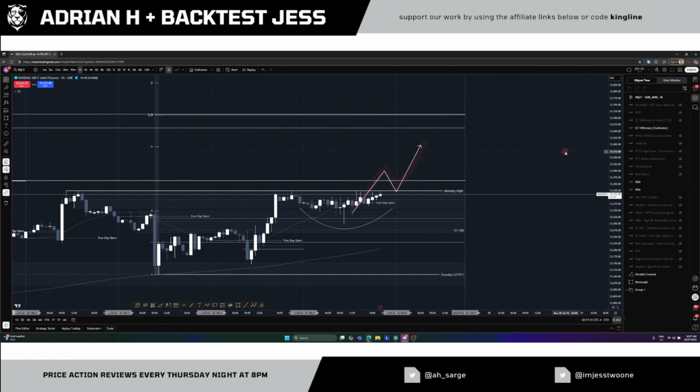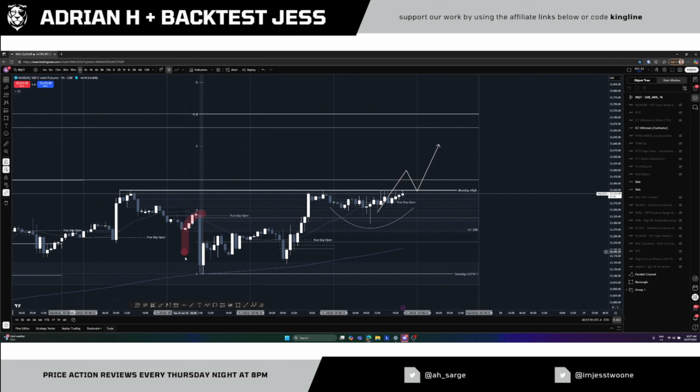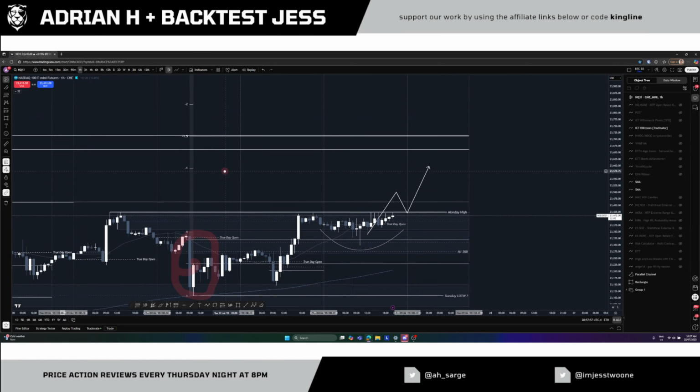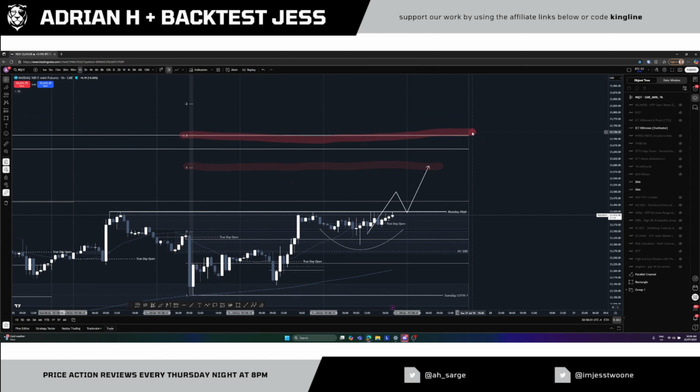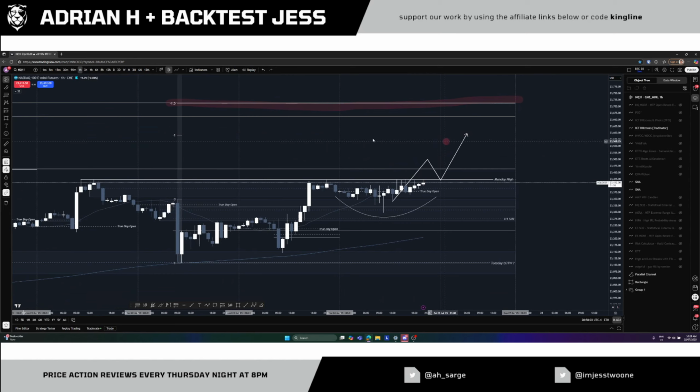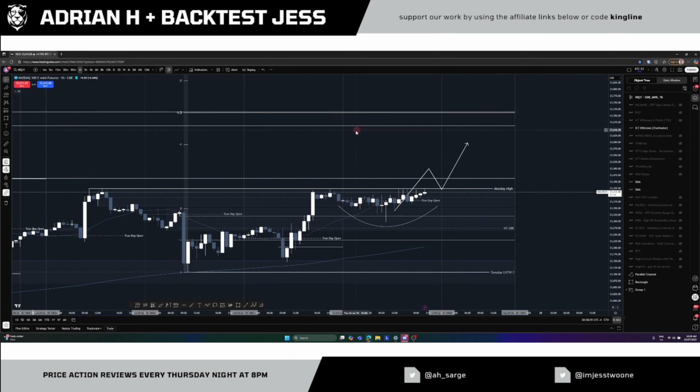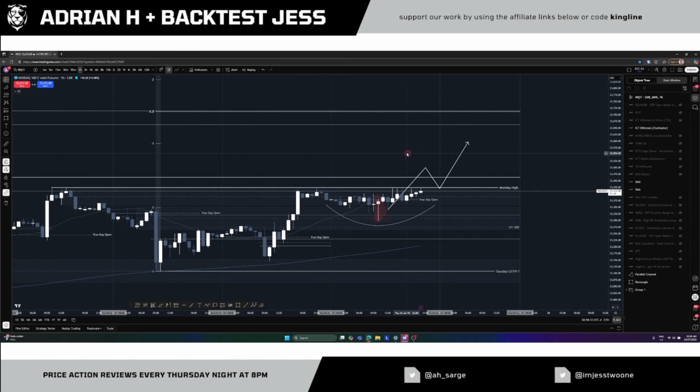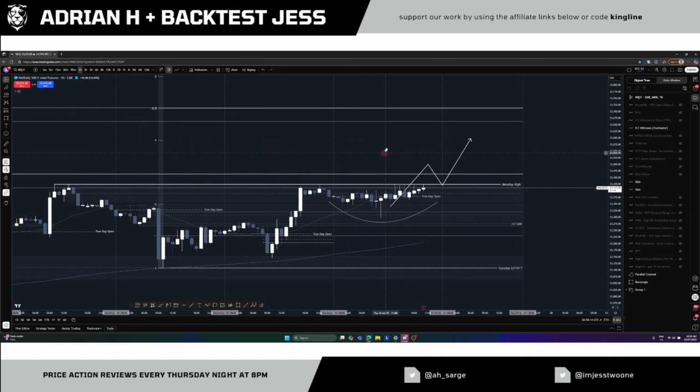I'm not quite sure how high it'll go because this manipulation leg is so large, but we can map out that SD1 and SD1.5 on the 1 hour. And then we've got a 5 minute leg to measure from this manipulation here for plausible expansion today as well.